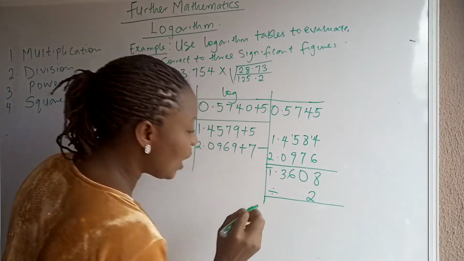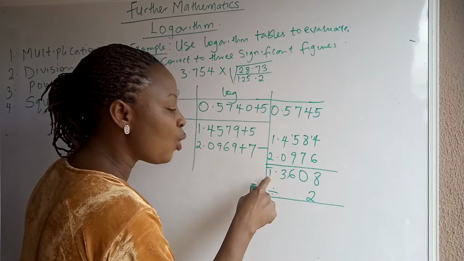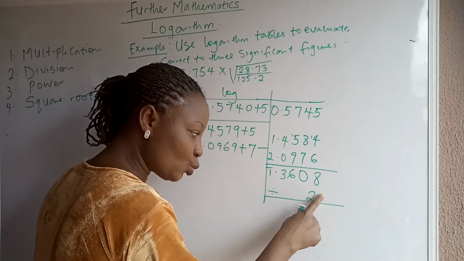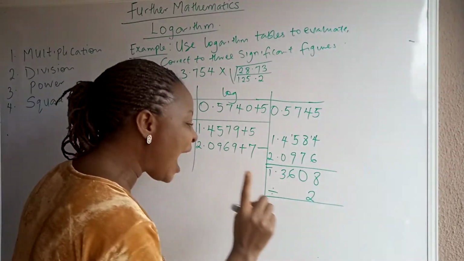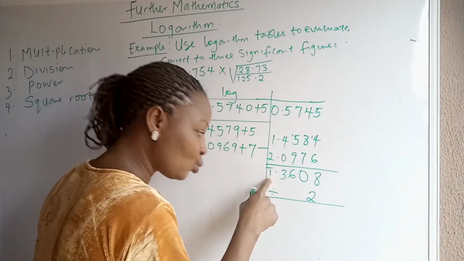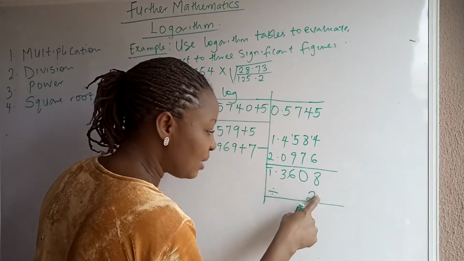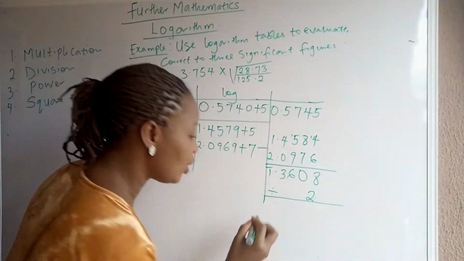So since this one is bar 1 and this one is 2, we are going to add 1 to this one to make it bar 2. So it's going to be bar 2 divided by 2, which will give us bar 1.